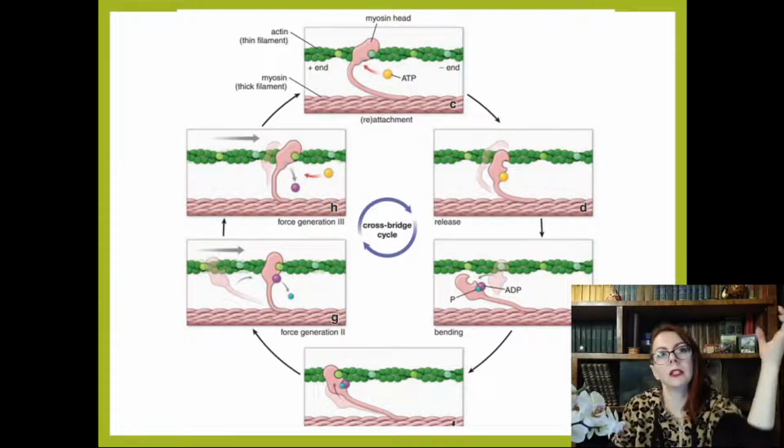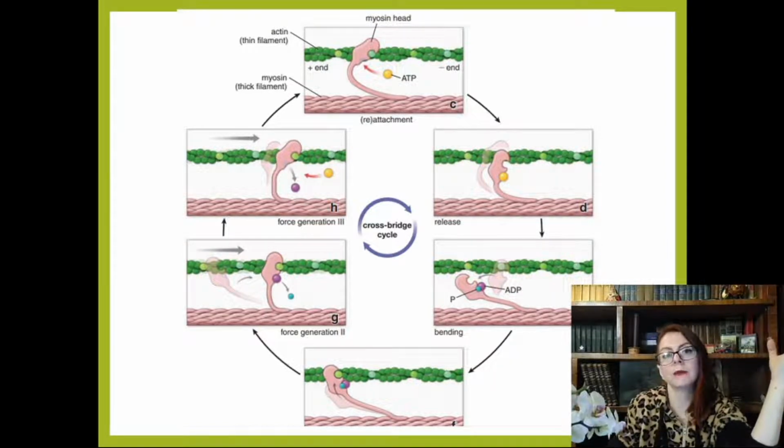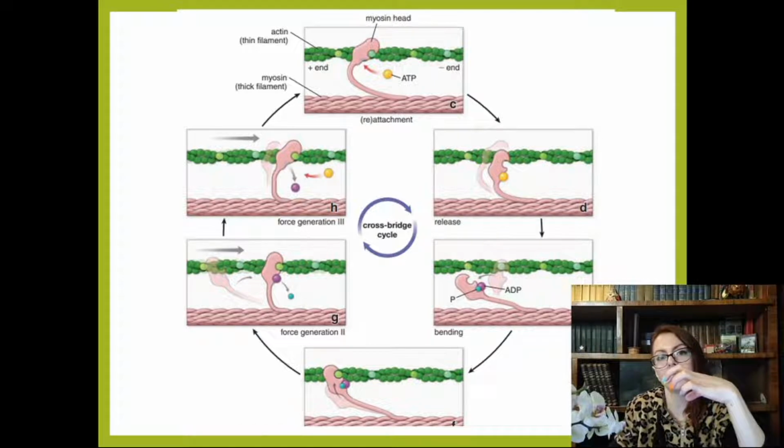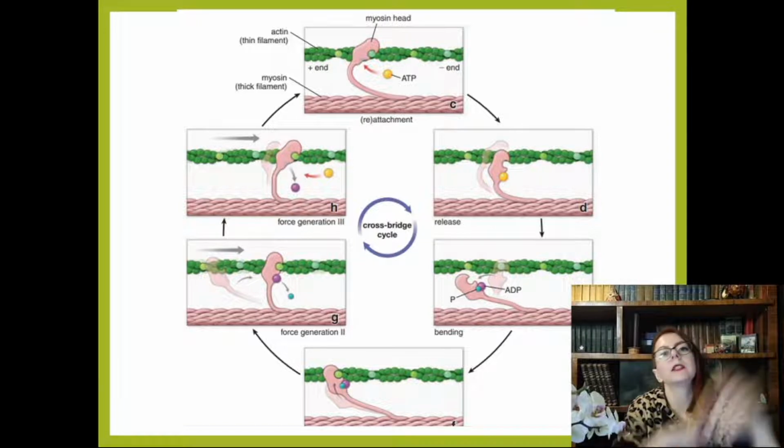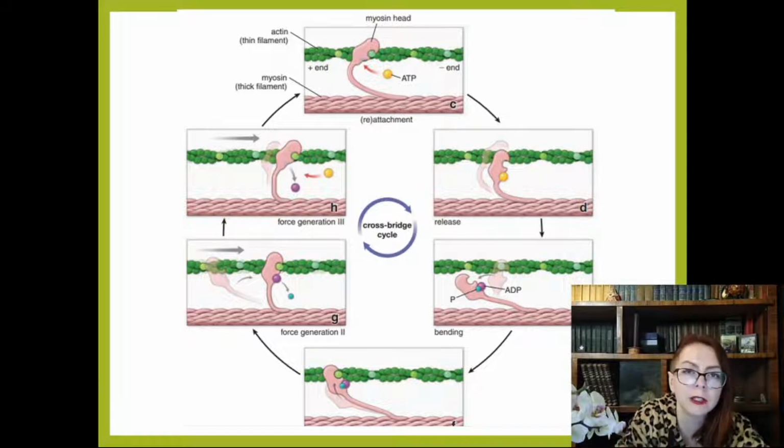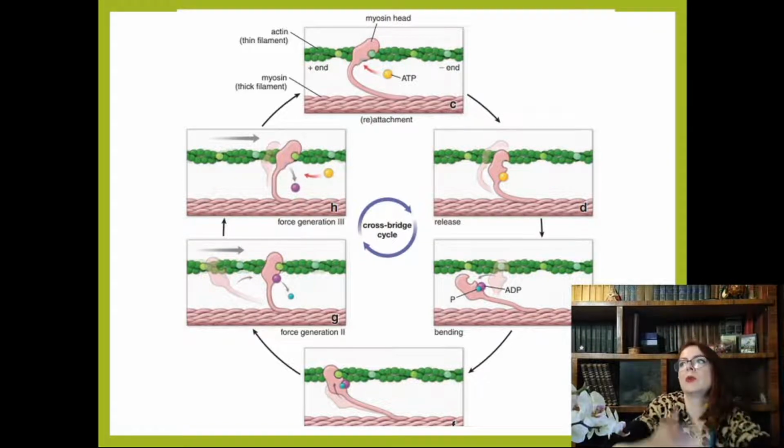Once it gets attached to the next site of the actin, ATP is hydrolyzed, so it bends. Then a new molecule of ATP comes, it unbends, it detaches, unbends, and the regular repeat of this cycle helps many times to pull the actin, like pulling a rope to the center of the sarcomere.